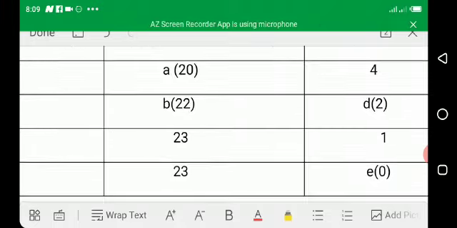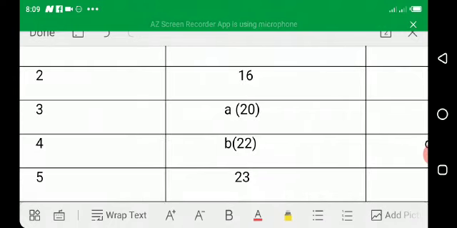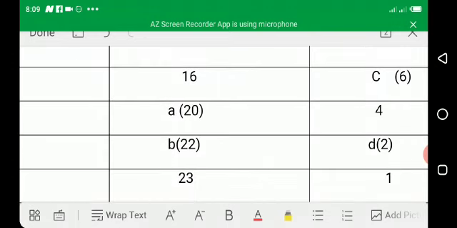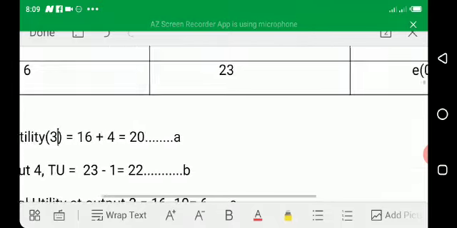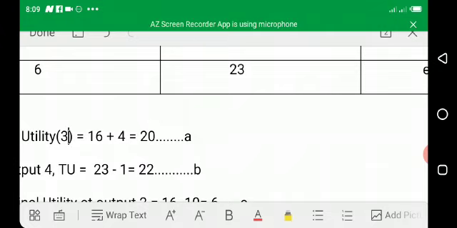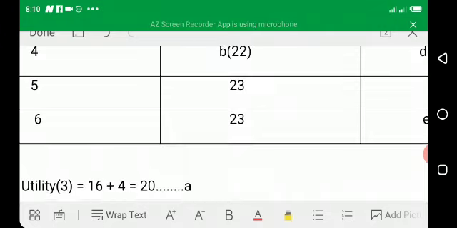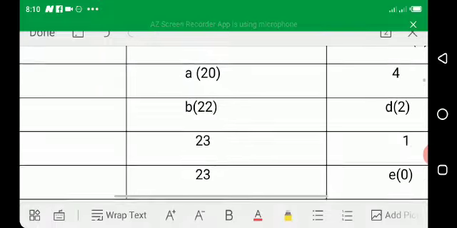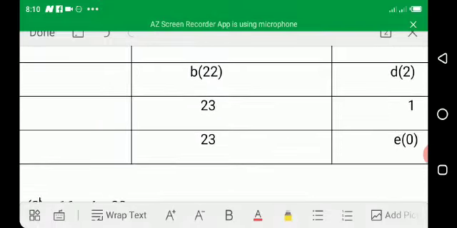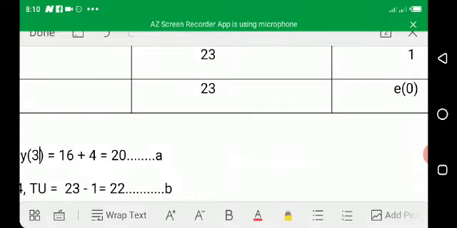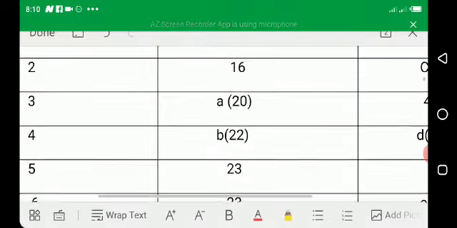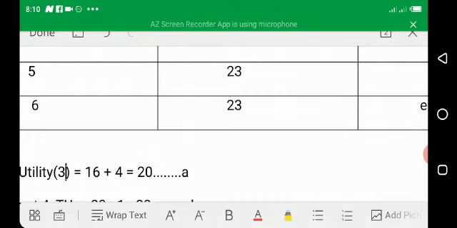So to get the total utility at 3, that will be 16 plus the next product, the additional 4, to make 20. So let's go back to total utility now. Total utility at output 3 will be total utility at 2, which is 16, plus the additional 4 under the marginal utility at 3, which will give us the total utility at 3, equal to 20.